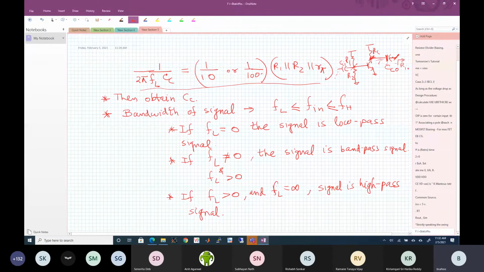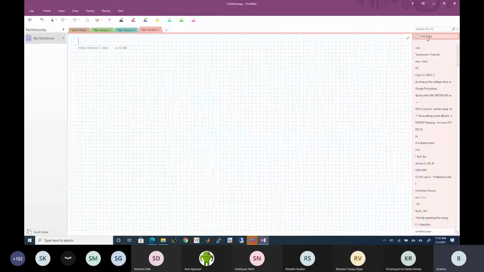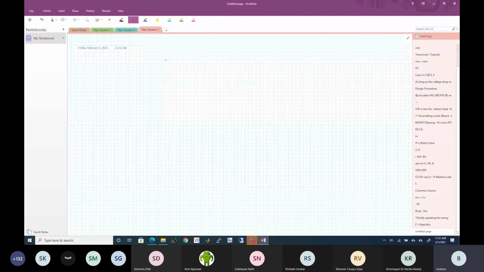Okay. So now another thing that comes into the picture is, in an actual circuit, the other thing is that we analyze the circuit. Okay. Now we might have a scenario like this also.